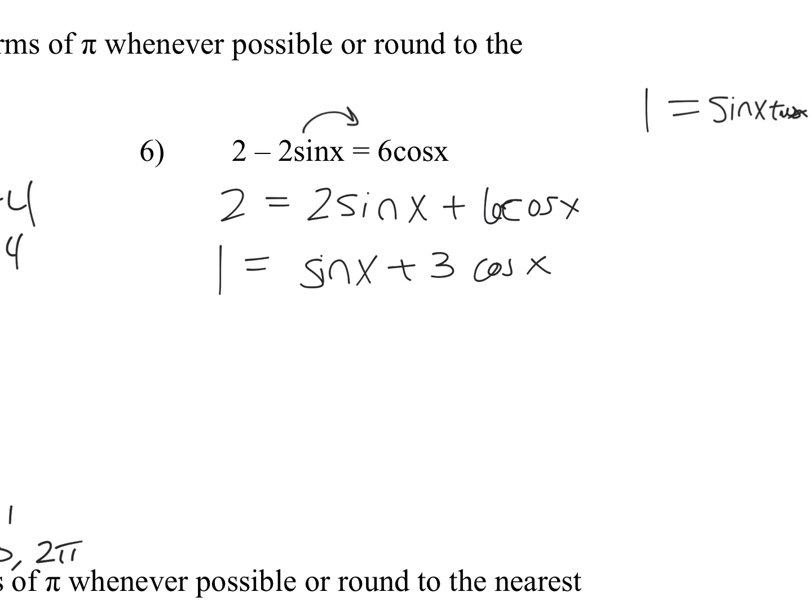That puts us in a really interesting state where we think about what possible angles can work, where some sine value plus 3 times that cosine coordinate has to be 1. Well, the first obvious one is when sine equals 1 and cosine equals 0, right? At the pi over 2 angle, that makes sense.